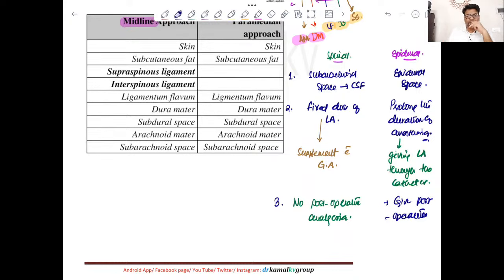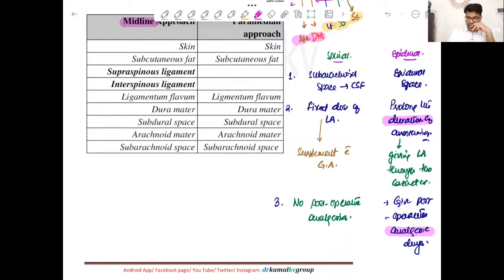So we can just inject the analgesic agent through that catheter. So we can control the post-operative pain. So we can give post-operative analgesic drugs. So these are two main advantages of epidural over spinal. We can control the duration of surgery, and we can give analgesic agent as well.